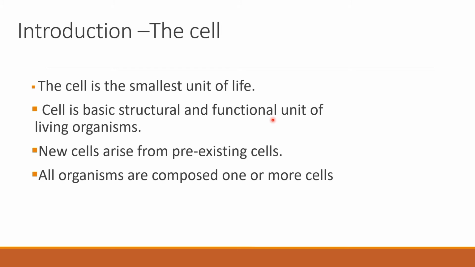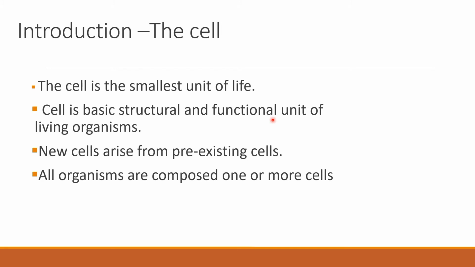Your skin cells perform the function of protecting your body, the internal body. Your nerve cells perform a function by transmitting information from one end to another, all the way to the brain. So different types of cells perform different types of functions.